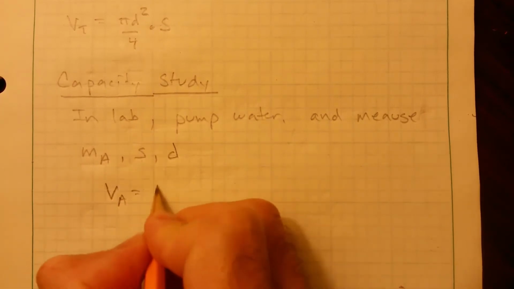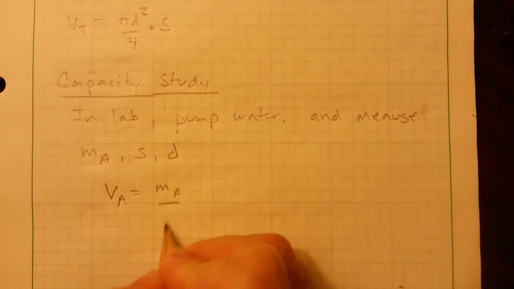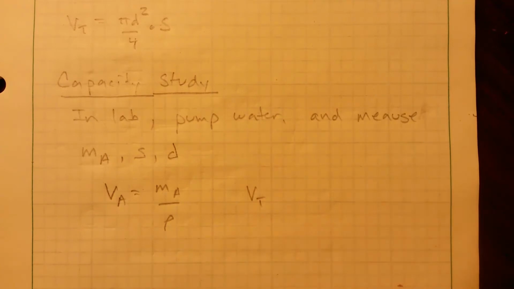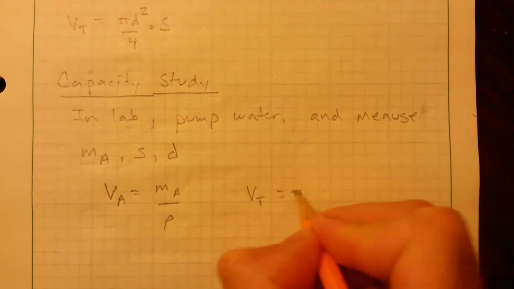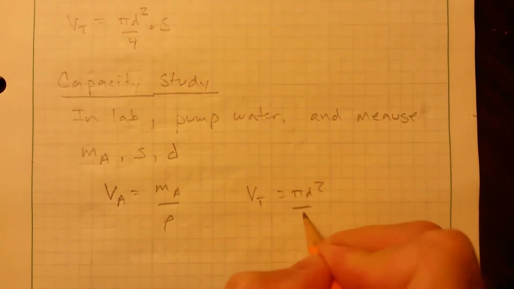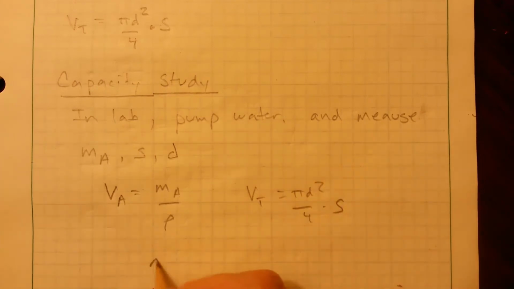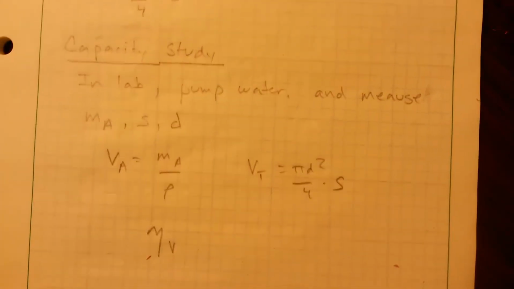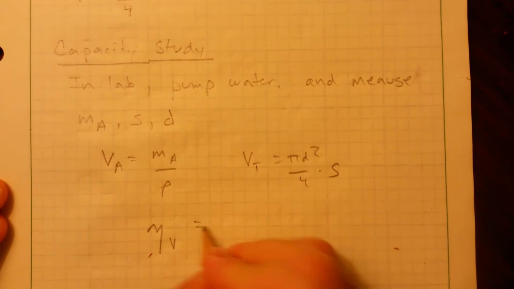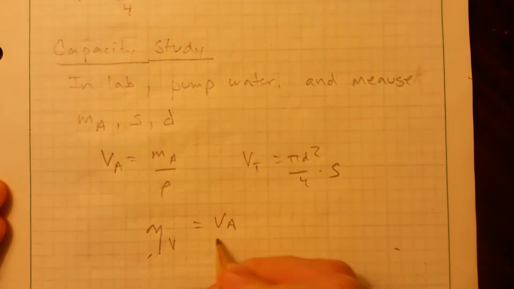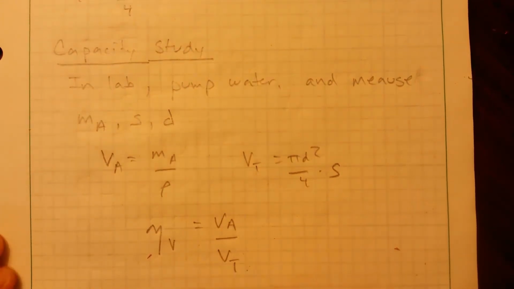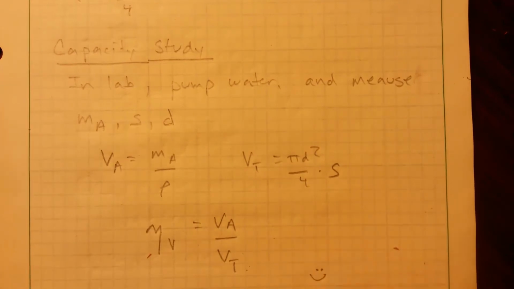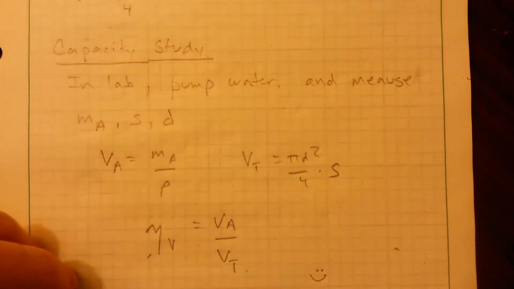Then I would calculate my actual volume as m_A over rho. I would calculate my theoretical volume as pi d squared over 4 times S, and my volumetric efficiency as V_A over V_T. Okay, I'm a little bit happy about that because I'm done with that step.